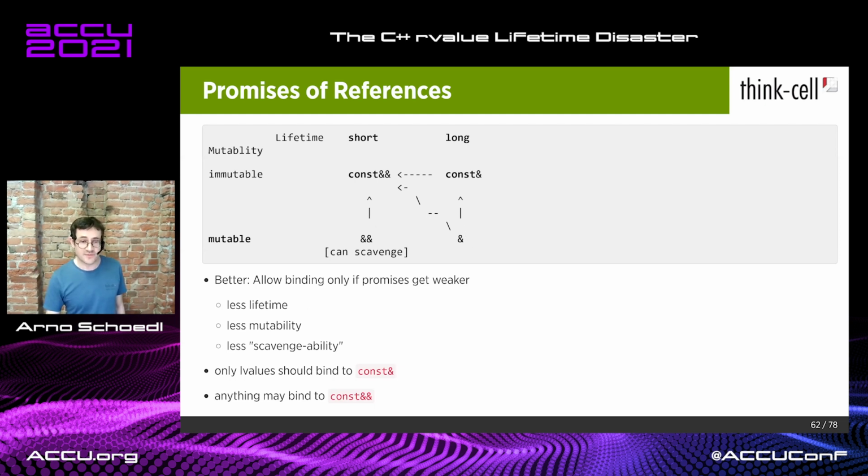Going from a reference to a const rvalue reference is actually fine, because you cannot move out of the const rvalue reference. When these things were introduced, I asked myself, what is this const rvalue reference actually for? Why do we have it at all? But here it becomes pretty clear. This scavenge risk only appears with mutable rvalue references, not with const rvalue references. So going from an lvalue reference to a const rvalue reference is actually perfectly safe.